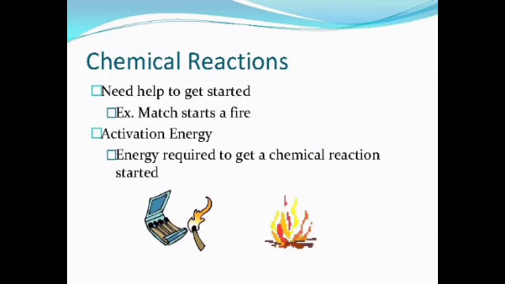Now, entropy has a symbol S. Entropy is a property of a substance that is a measure of a system's thermal energy per unit temperature that is unavailable for doing useful work.